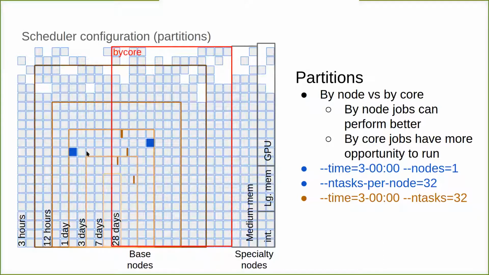In this case, we see that the blue job, which takes up a full node, requires an entire node to be idle at the time, whereas a by-core job, even though it's the same size, the same number of cores, has to be distributed across a whole bunch of different nodes. So these jobs can find gaps on the system and are easier to schedule. So the partitioning tries to favor the by-node jobs.